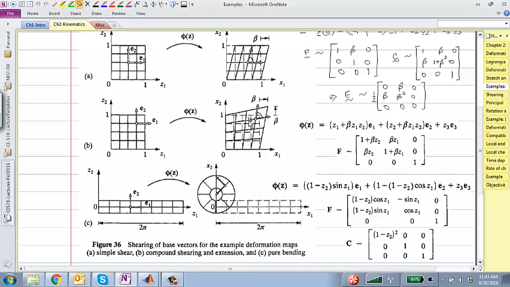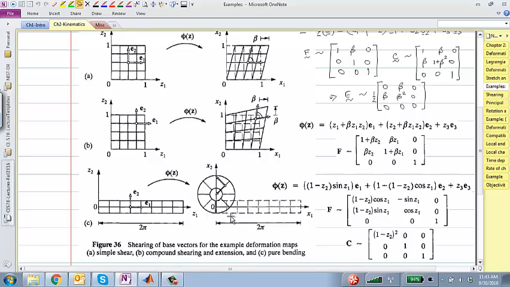And as we go more and more in the Z2 direction, we get more and more vertical displacement, which is what causes this type of deformed shape. So clearly, F in this case is a function of Z. There are Z1 and Z2 in the expression for F, which means that the deformation tensor would be varying from point to point. It would not be just the same ellipsoid everywhere.